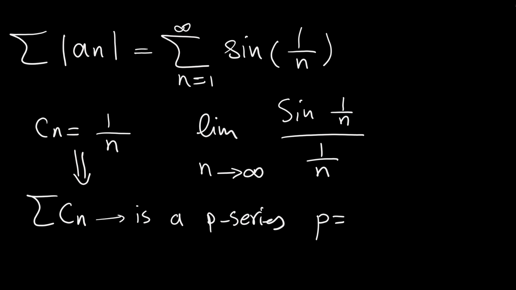What is p here? p is 1. The exponent of n is 1. In a p-series, we know that if p is 1 or less than 1, then the series diverges.